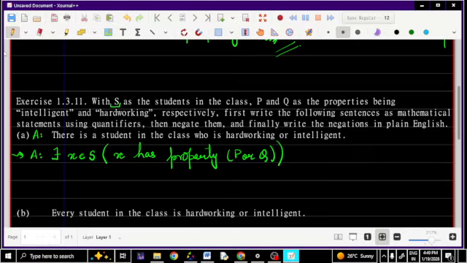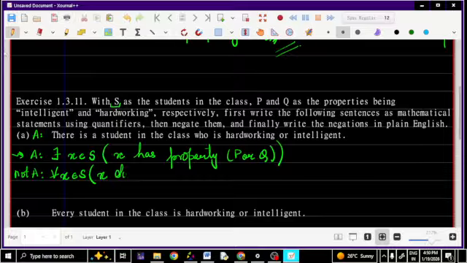So now, how will you negate this? So its negation would be not A. Using quantifiers, for all x in S, x does not have P and x does not have Q.